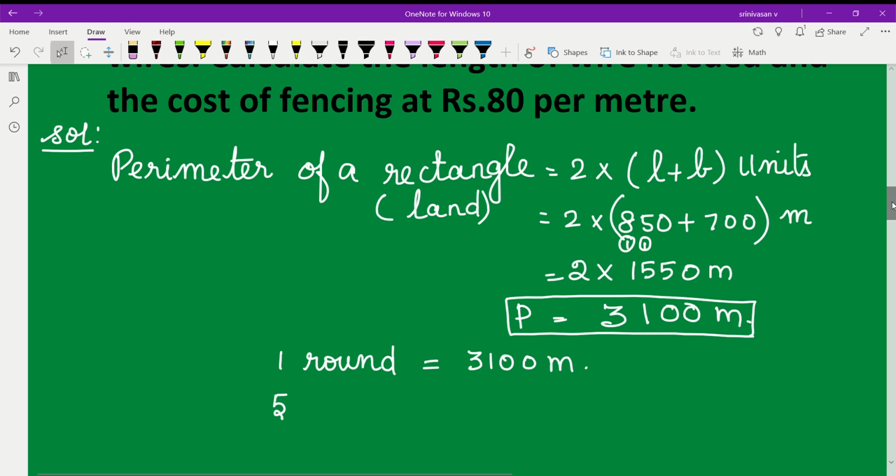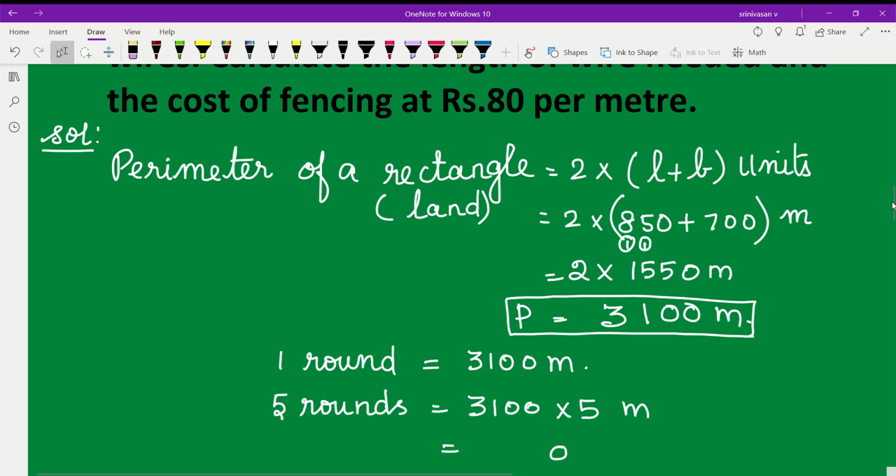Now we need to find for 5 rounds, that is 3100 multiplied by 5 meter. 0, 0, 5 ones are 5, 5 threes are 15. So 15,500 is for 5 rounds.